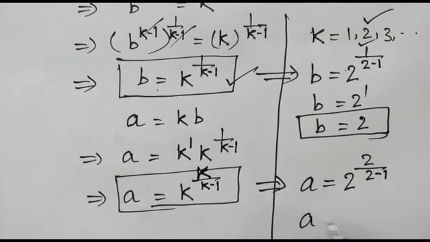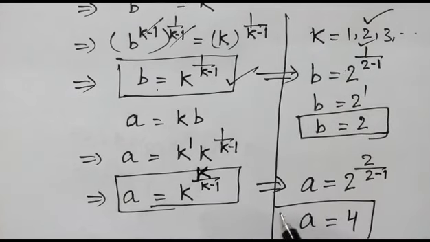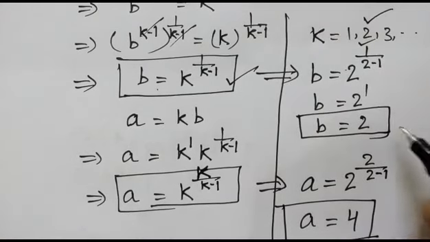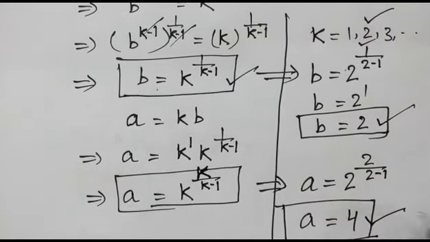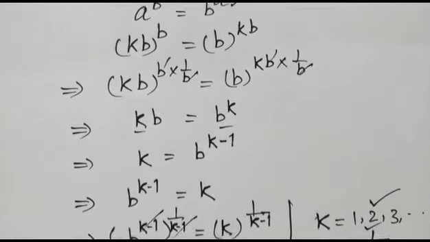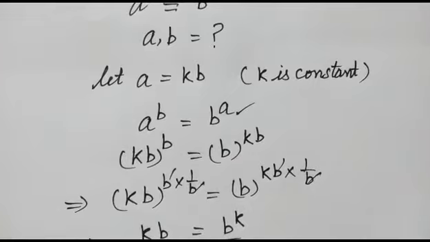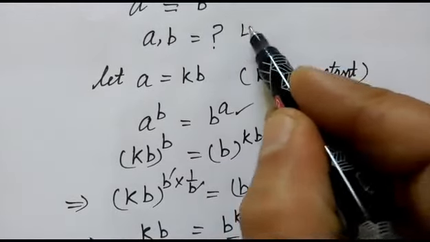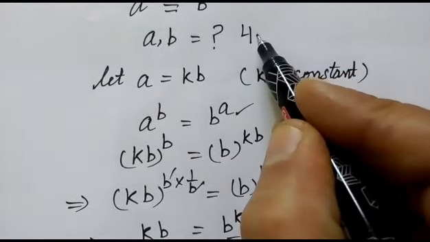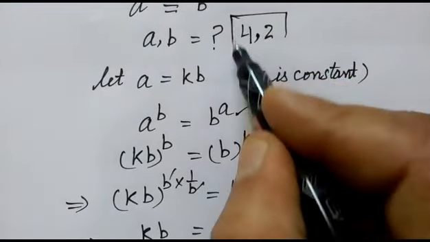So a is equal to 4. So b is equal to 2 and a is equal to 4.